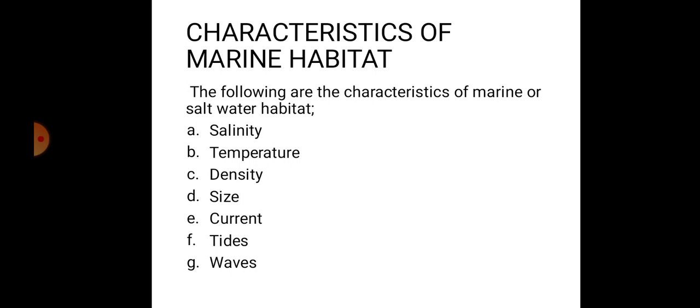Then we have the size. Marine habitat represents the largest of all the habitats. The ocean occupies over 70% of the Earth. The total area of the Earth is 510 million square kilometers.